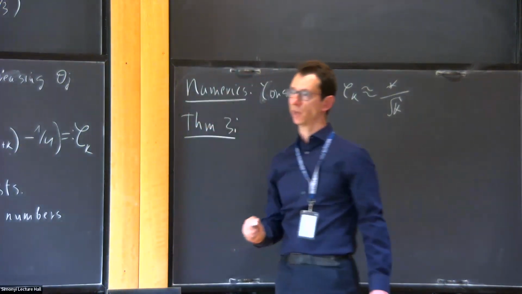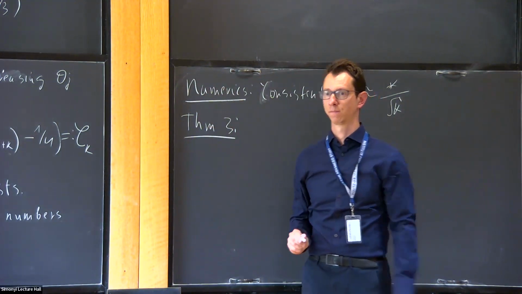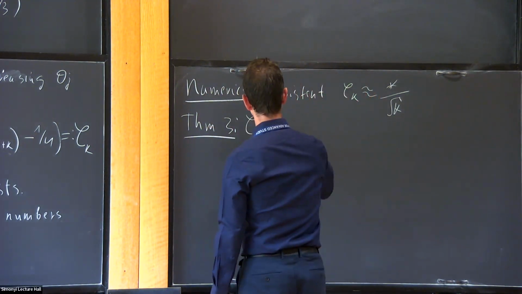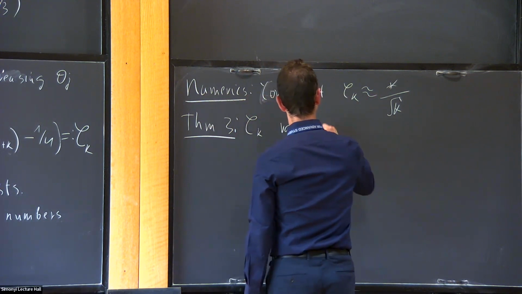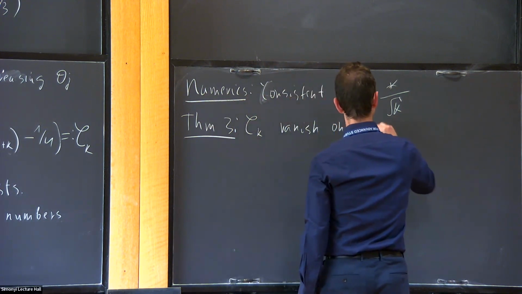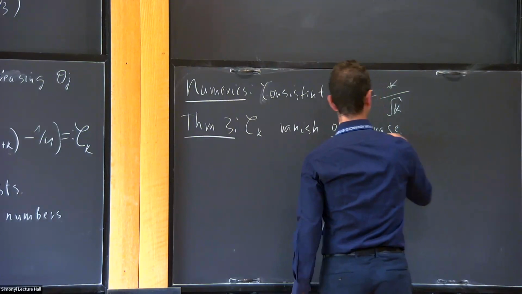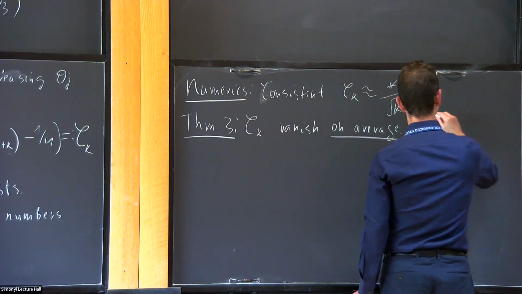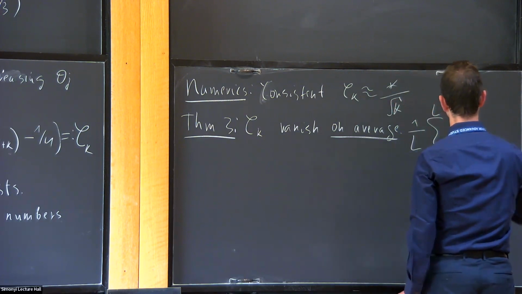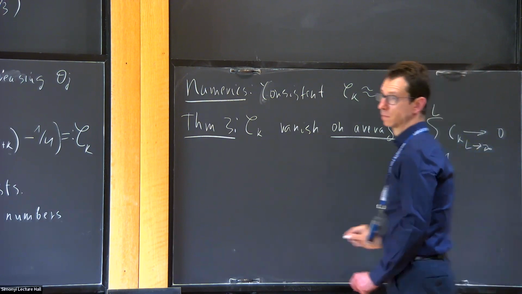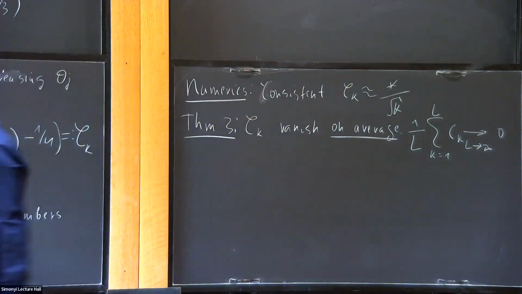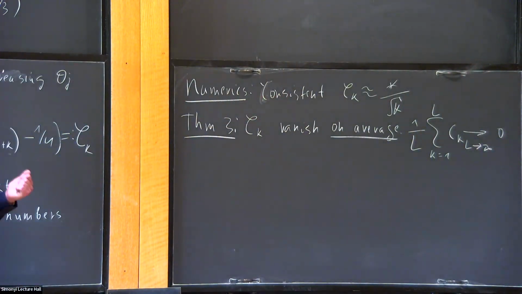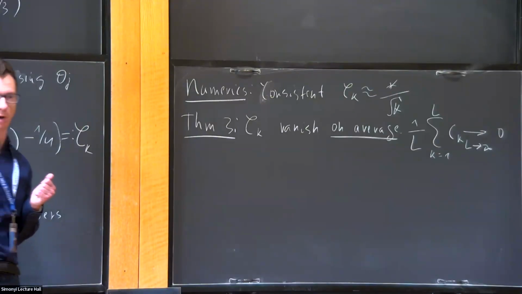These numbers C_k vanish on average, meaning that the sum of 1 over L, k from 1 to L, of C_k vanishes. So this is rigorous support for this conjecture, number 1.